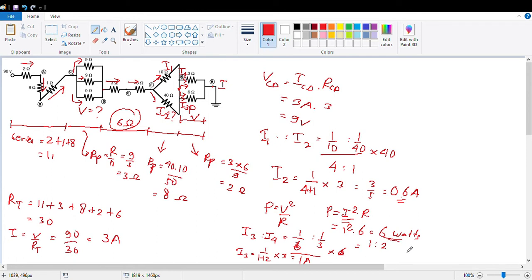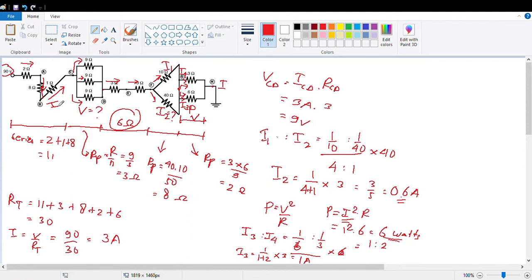Okay. The next is calculate the energy consumed by the 1 ohm resistor. Okay, the 1 ohm resistor is in here. Because here, I really suggest you use the I. If you use the V, then you use 90 volts and 9 will be wrong. The V in here will be different.